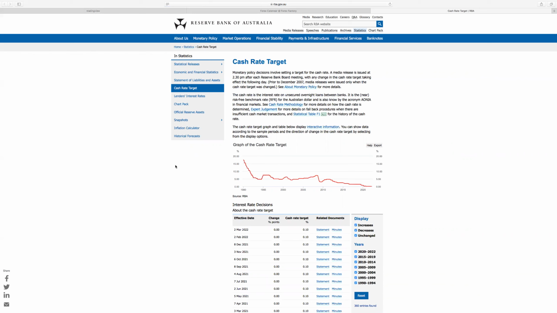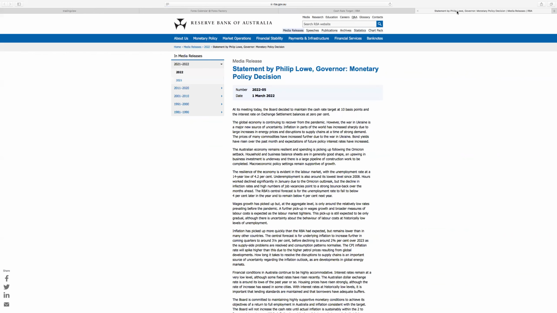Let me see if we can find the latest statement, which was in March. The statements are quite short, so I'm going to be quickly reading through that, and we're going to take note of the key language the RBA uses to guide markets.